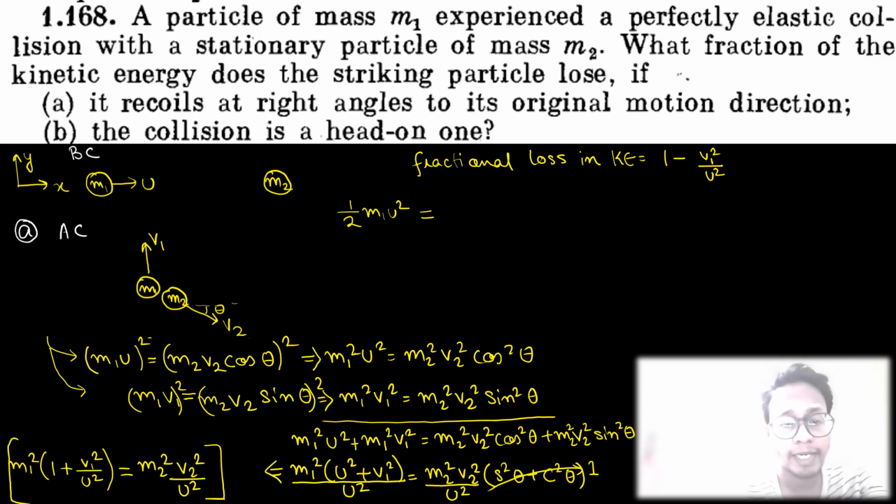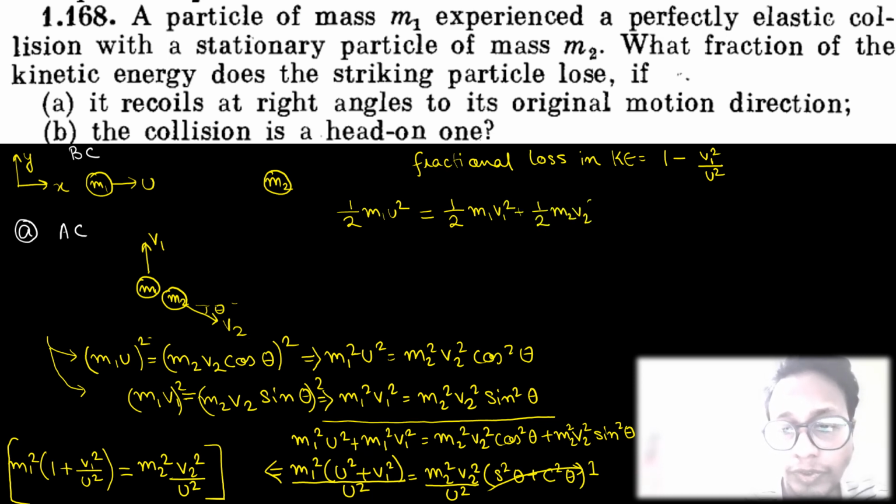What is the final kinetic energy? The final kinetic energy after collision is half m1 v1 square plus half m2 v2 square.